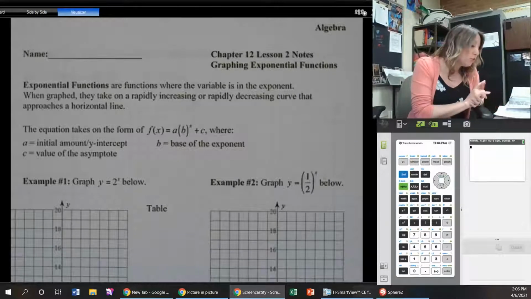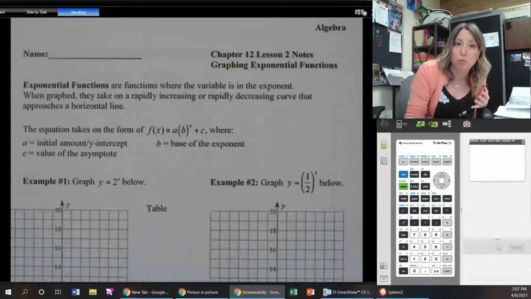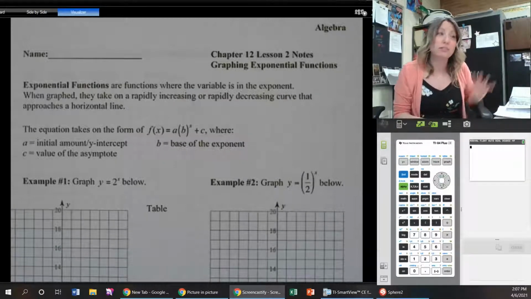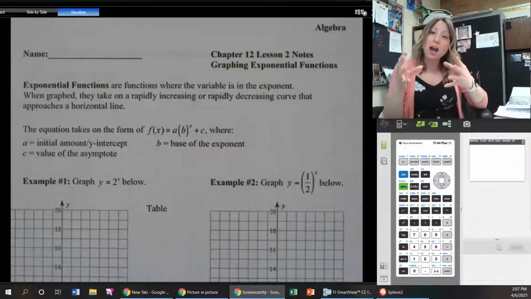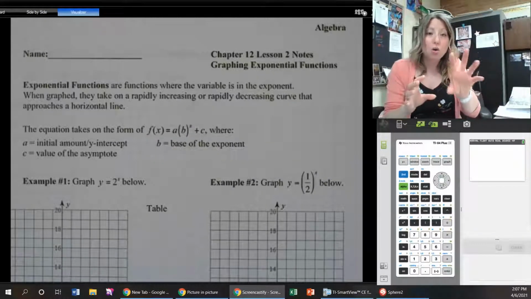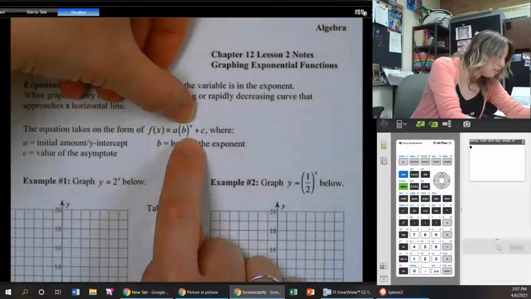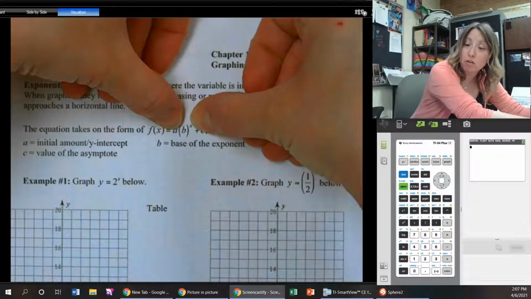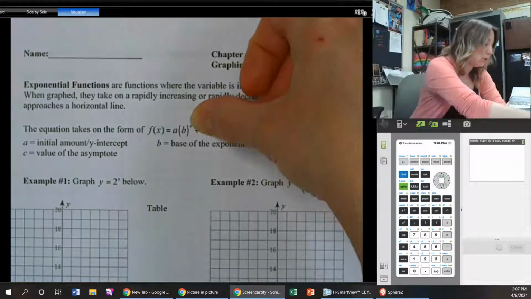Okay, so we're going to start with our very basic exponential function, which is y equals 2 to the x power. That's what we've looked at in the past, and in the last video. But now, here's our initial amount. Here's our base. Our x is our variable that changes throughout, and then our matching y is what goes with it.